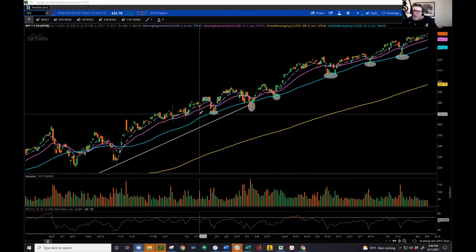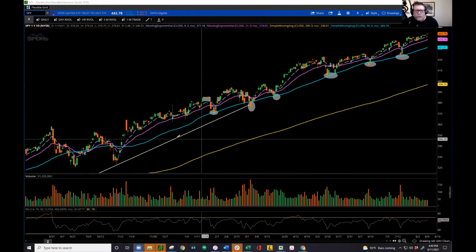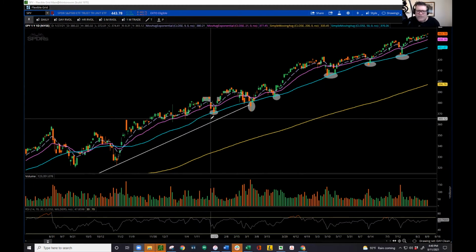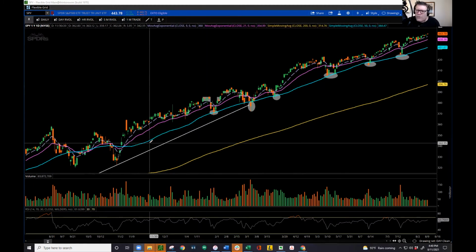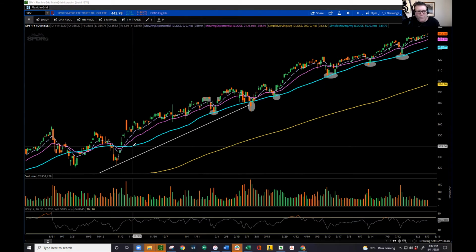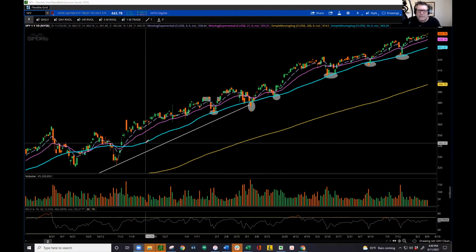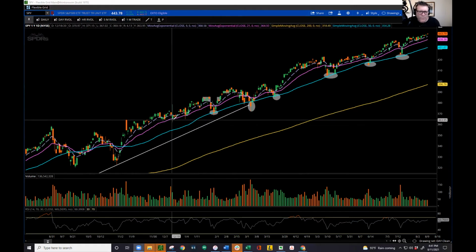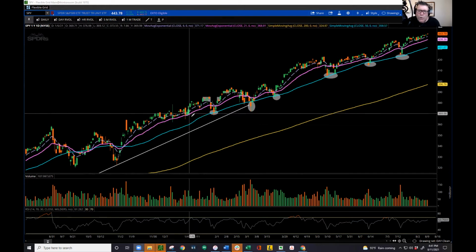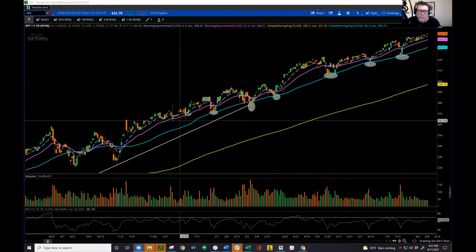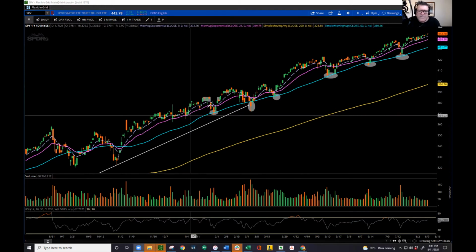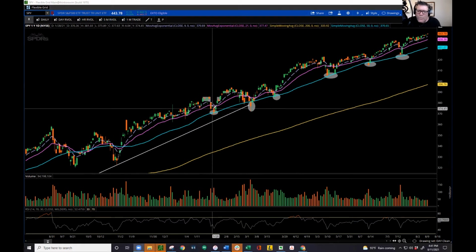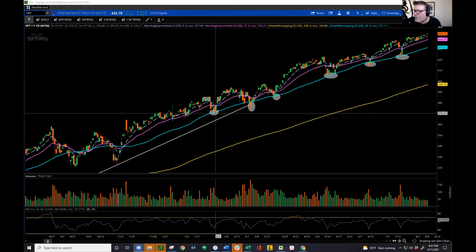Sometimes the 21's the value zone, sometimes the 50's the value zone. If you look here in the SPY's price action, you would have done really well over the last year since the election, just trading from the bullish side. And it's been very few times that we've really broken down and closed below the 21, and typically when we did close below the 21, we gravitated down to the 50.